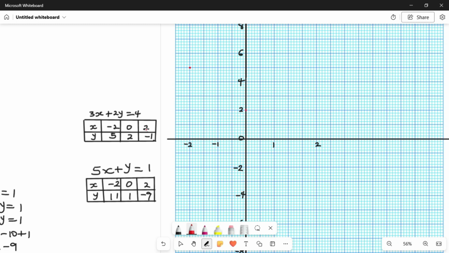And the last one, when x equals 2, y equals -1. Sorry, I made a mistake here. Okay, x should be here.